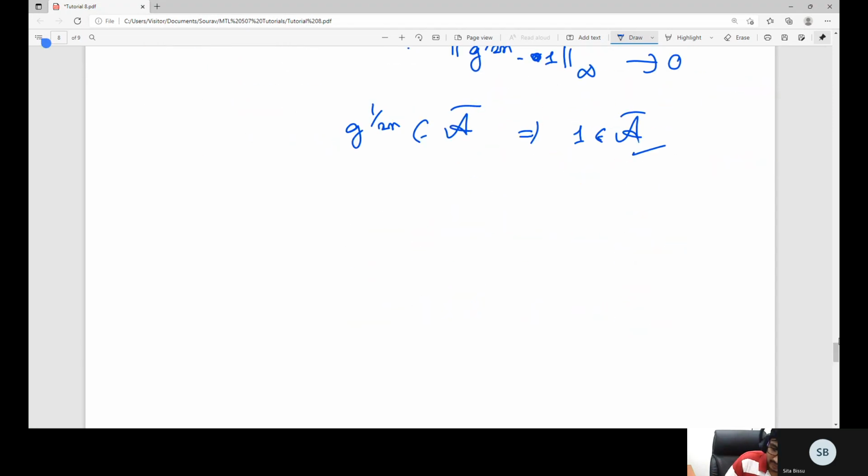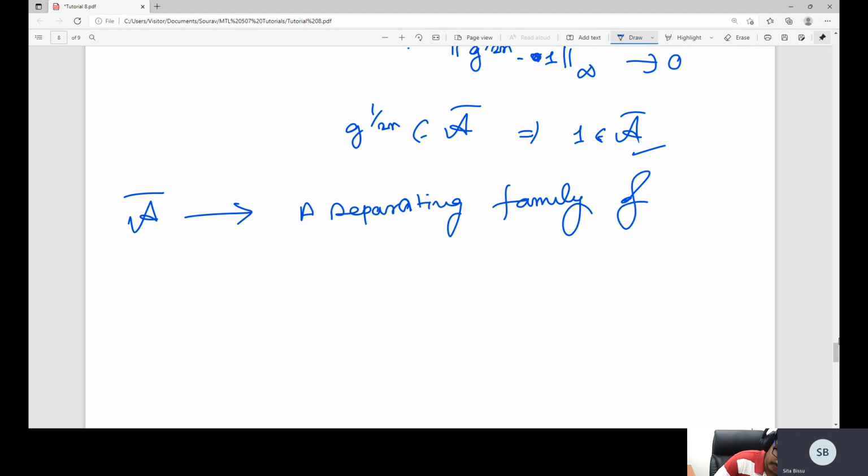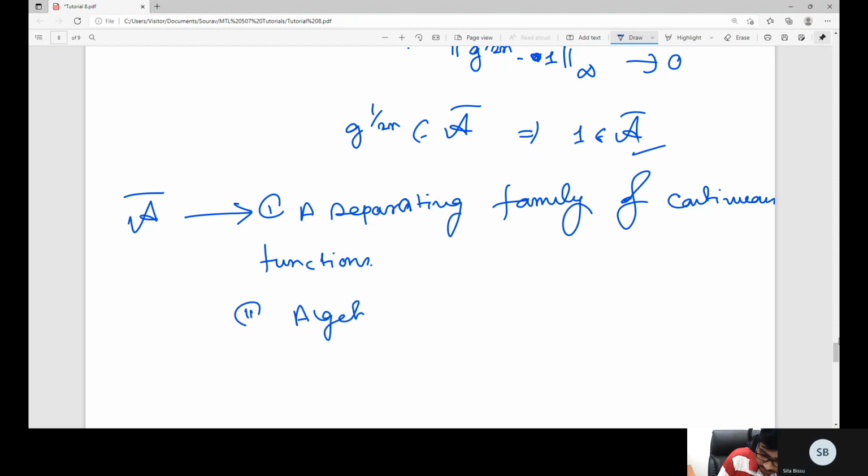So now you have this collection. First, it is a separating family of continuous functions. Number 2, it is an algebra containing constants, and number 3, it contains 1.